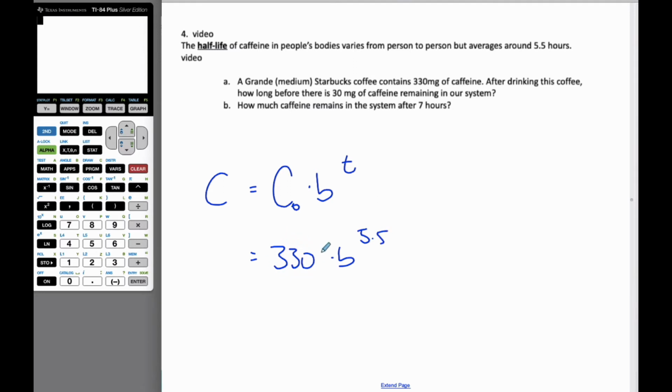And if there was 330 to start, well, half of 330 is going to be 165. If I divide by the 330 here, I end up with 1/2 is equal to B to the power of 5.5.